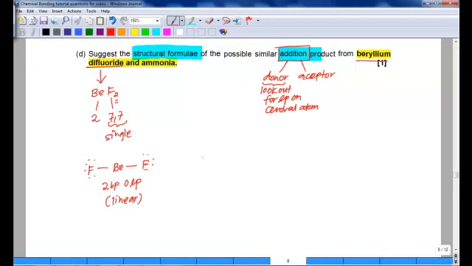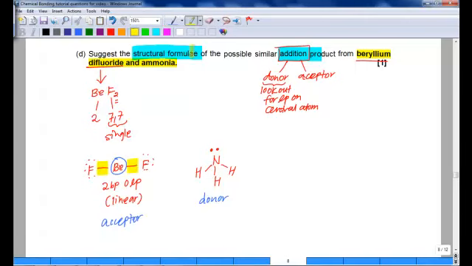Okay, and then for ammonia, very simple, NH3 with a lone pair. So of course, very obviously, NH3 must be the donor and beryllium must be the acceptor. Okay, and if you take note, beryllium central atom only has 2 electrons times 2 plus 2 electrons, 4 electrons.